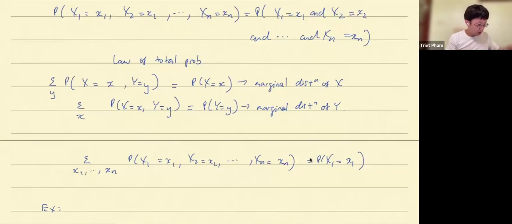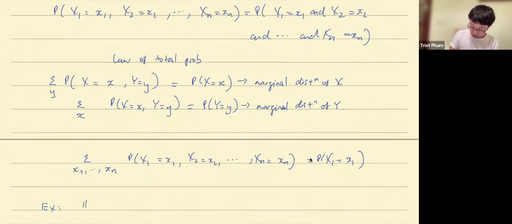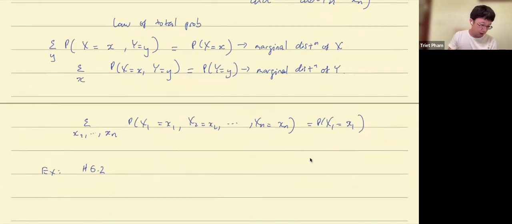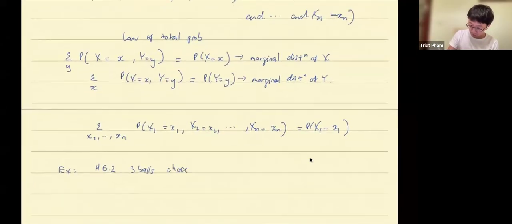Now, to be concrete, in your question number 6.2, you are supposed to have 3 balls chosen without replacement from an urn consisting of 5 whites and 8 reds.